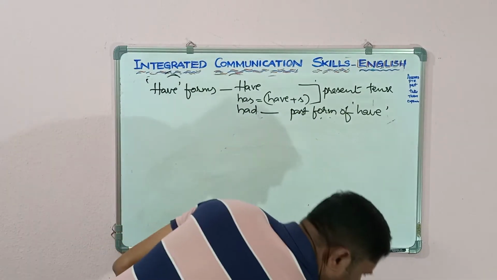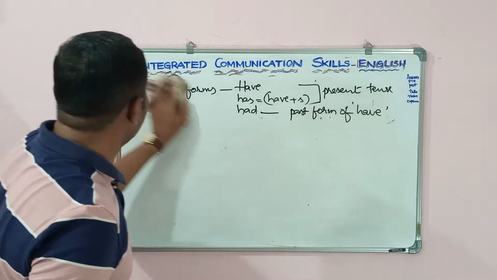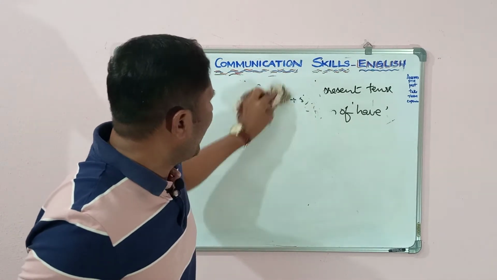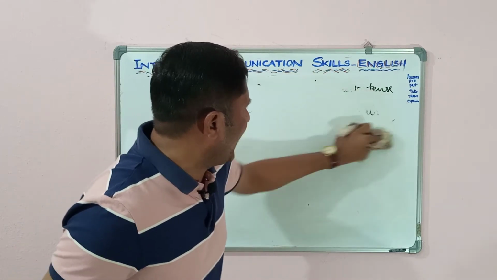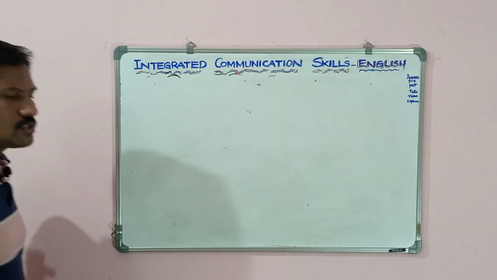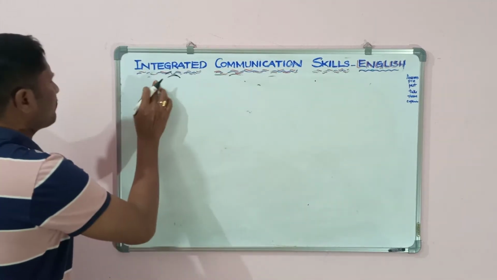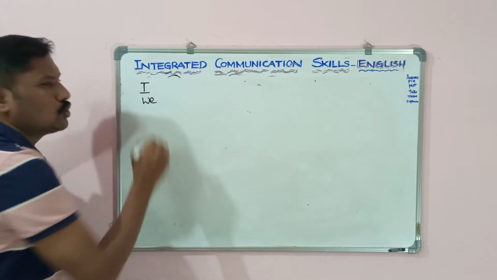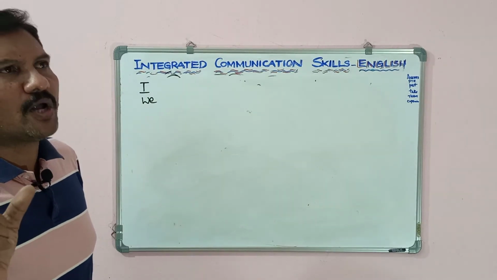Now let us see how these have forms are used after pronouns, singular nouns and plural nouns. Let me tell you, I and we are first person pronouns.